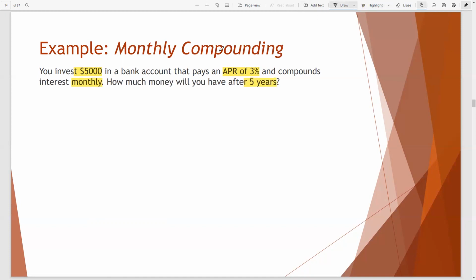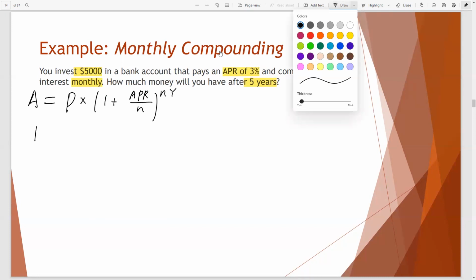The compound interest formula says the accumulated amount is principal times 1 plus APR over n, raised to the power n times y.